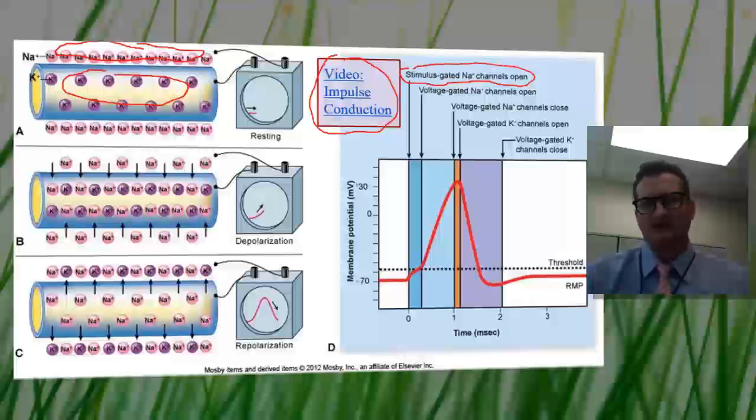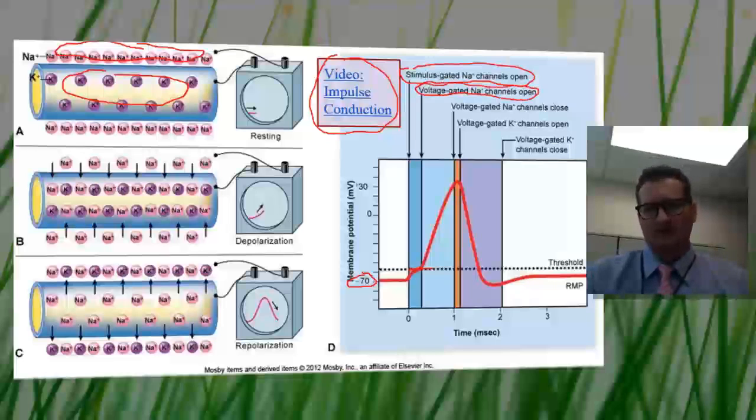If there are enough of these localized potentials to go from the resting potential at minus 70 millivolts and barely cross threshold, then an action potential occurs, and this is an all or nothing response. And these are voltage-gated sodium channels. So these are sensitive to voltage.